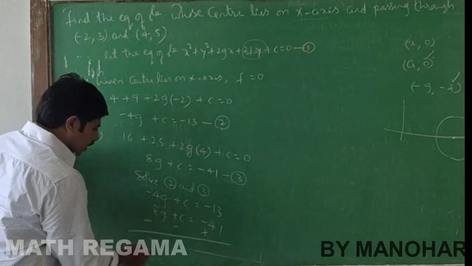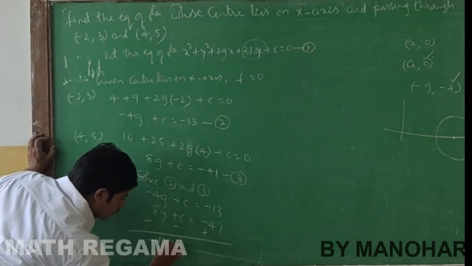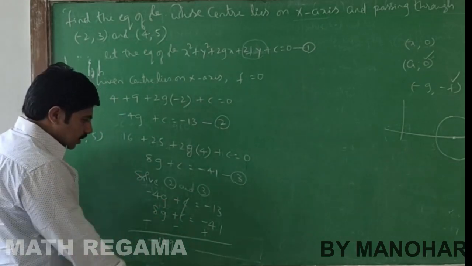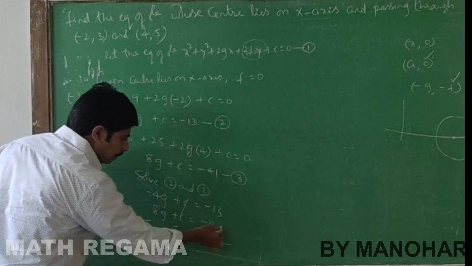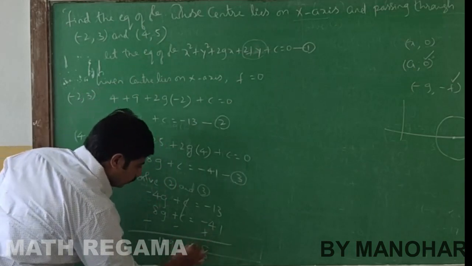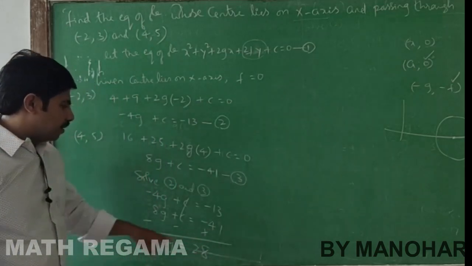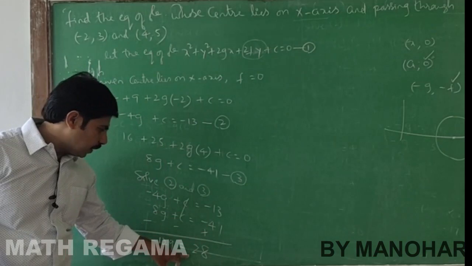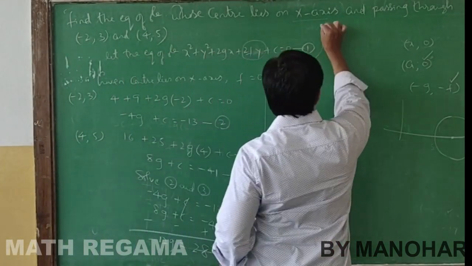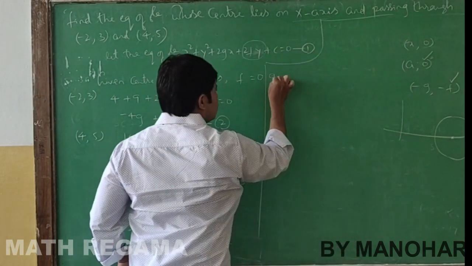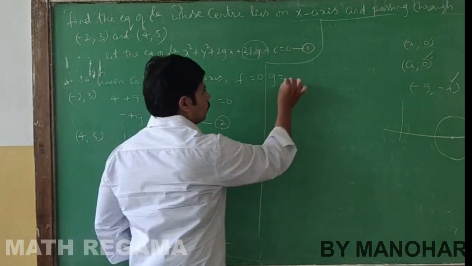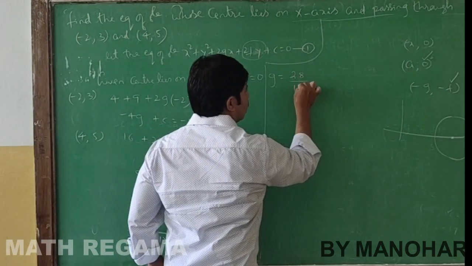So minus 4g minus 8g is minus 12g, plus c minus c cancels. Now 41 minus 13 is 28. So what is g value? g is equal to 28 by minus 12.